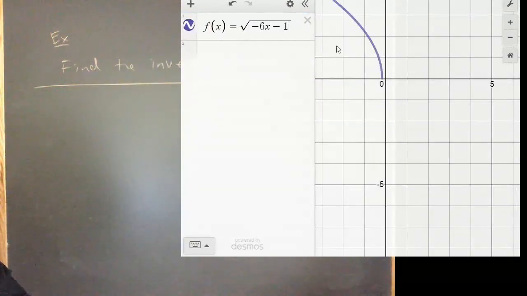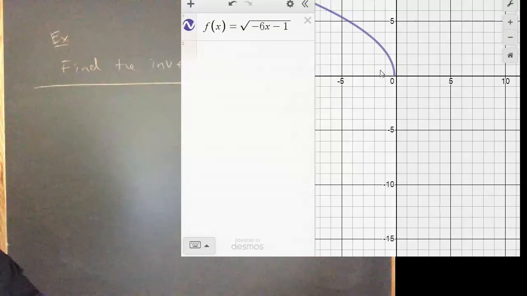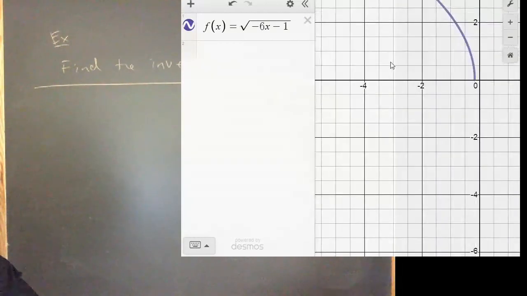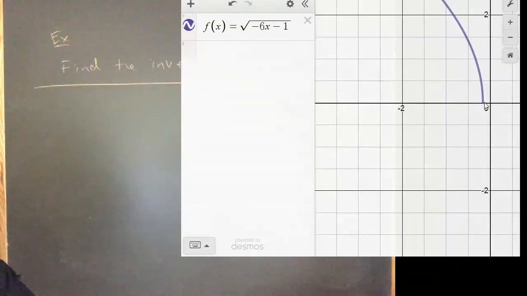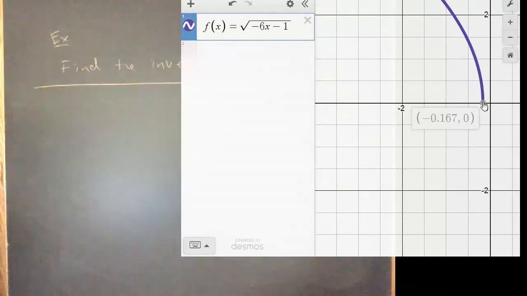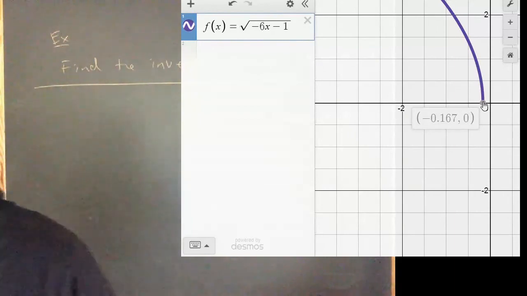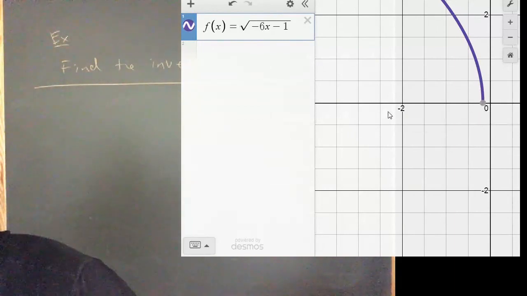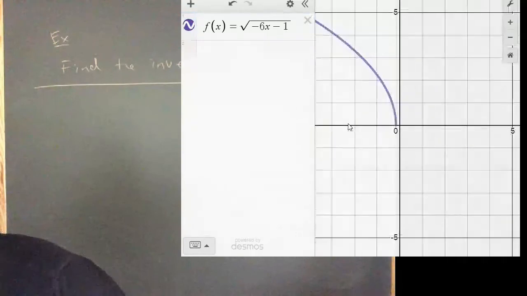Oh, I need the graph. Okay, so there you can see it's going to the left there, so its domain is all those values to the left of whatever this number is, and this number right here is that value of negative 1/6, about negative 0.1666, but here they round it to 7. Okay, so there's our graph, and you'll notice the range.